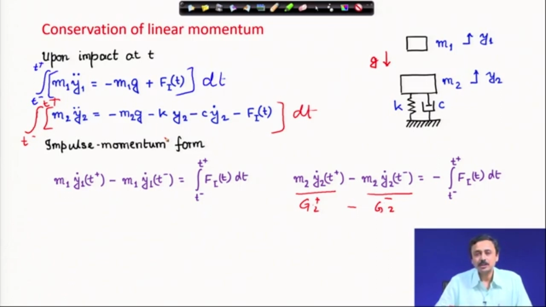Similarly, the mass m2 was, let us say, at rest with 0 velocity, and it will hardly have the time to gain velocity and contribute to any change in linear momentum. Therefore, the terms m2 g, k y2 and c y2 dot will not contribute to the change in momentum of mass 2; it is only the impulsive force which contributes.